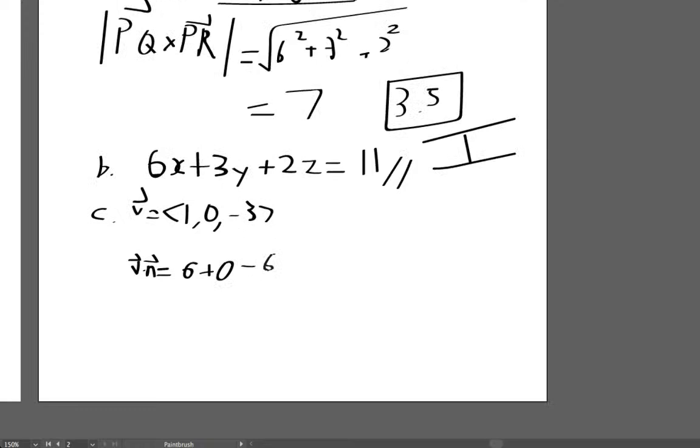This thing is 0, which means that v is perpendicular to n.